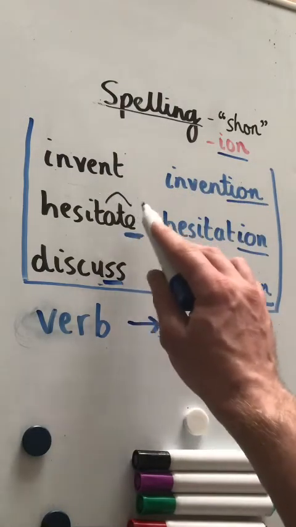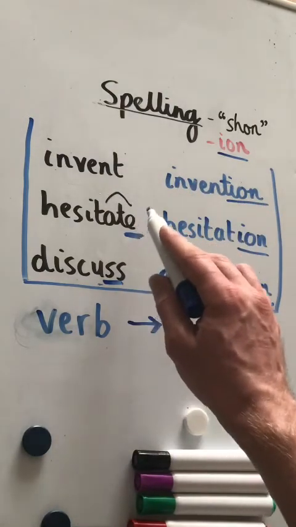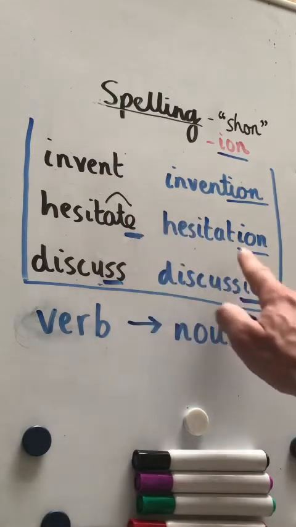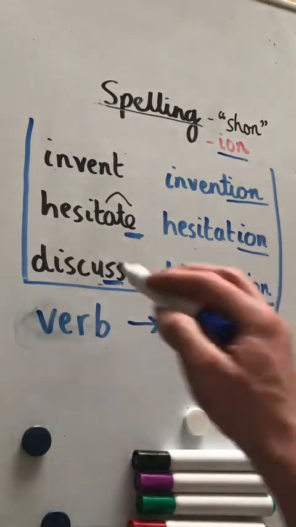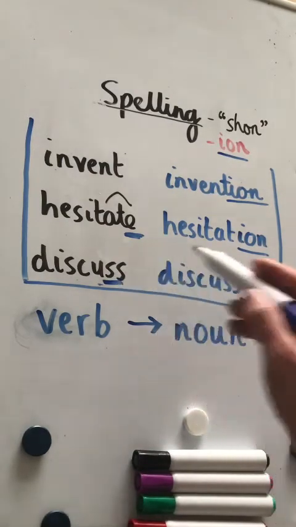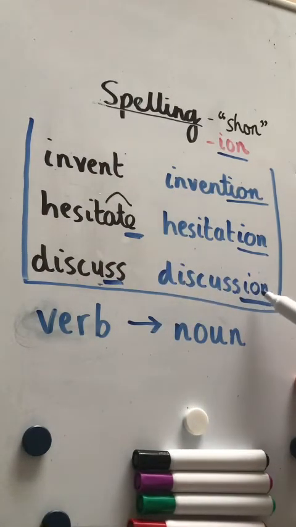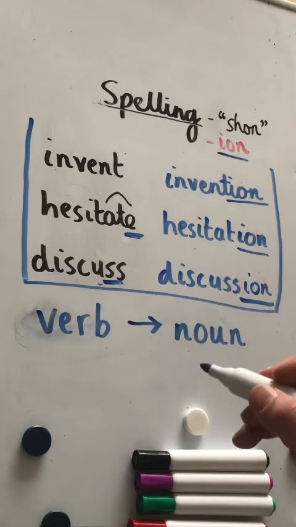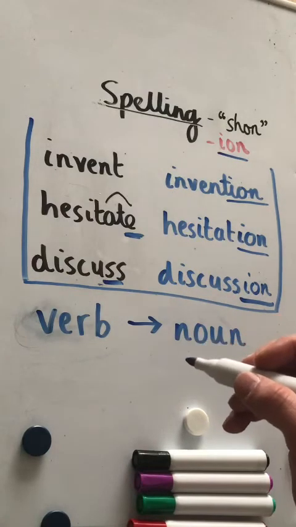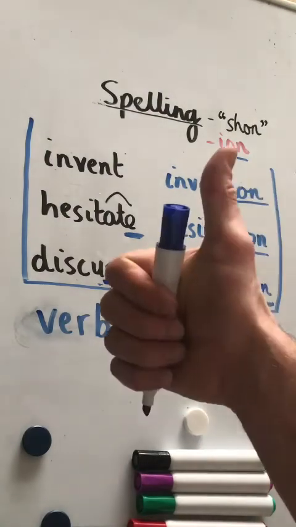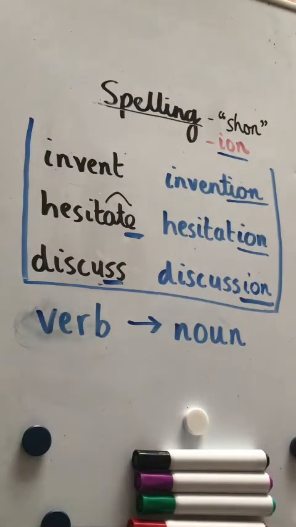If it is a split digraph, you take away the E, and then add the I-O-N on the end. Discuss, if it has two S's at the end, again, all you do is just add the I-O-N on the end. So I'm going to write some down for you. Have a go. I might throw a couple in there that the rule doesn't work for and see if you can spot them. Okay? Good luck, and I hope you have fun with it.